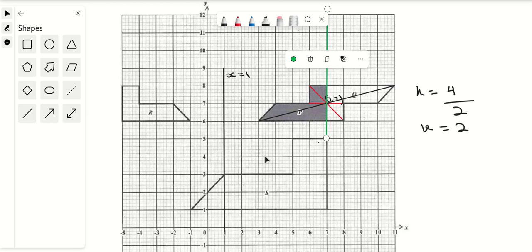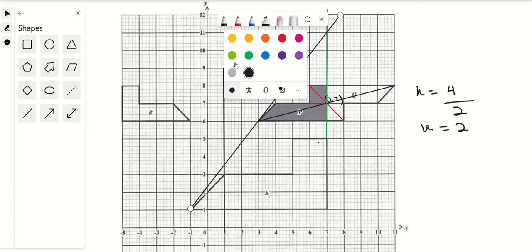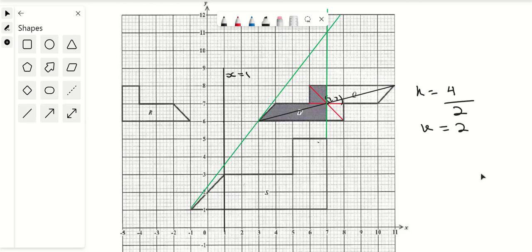Then we take the next line, this line here, and we connect these two, and where they intersect is your center of enlargement. In this case, my x value is 7 and my y value is 11. So my center of enlargement is 7, 11.